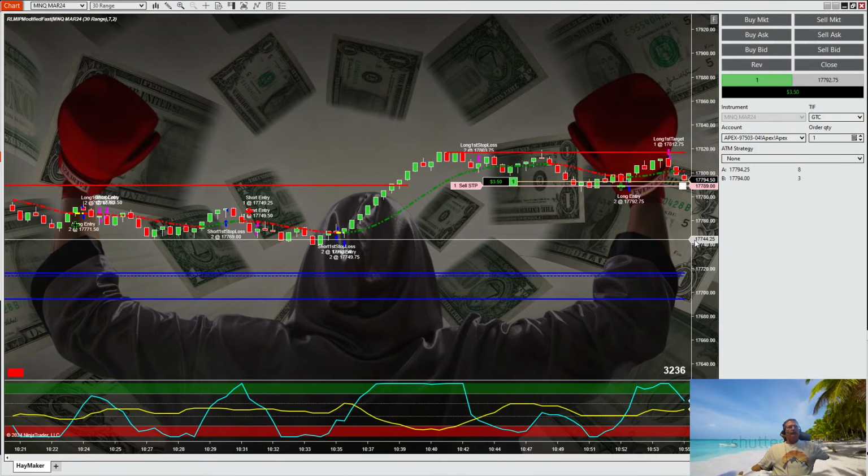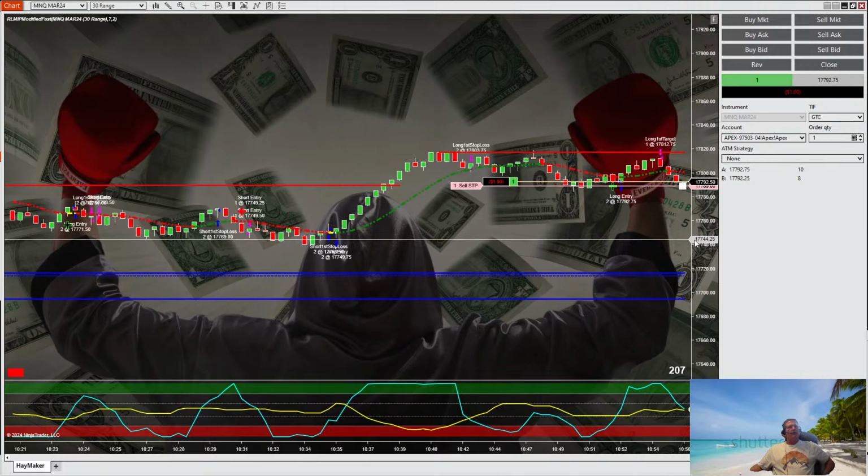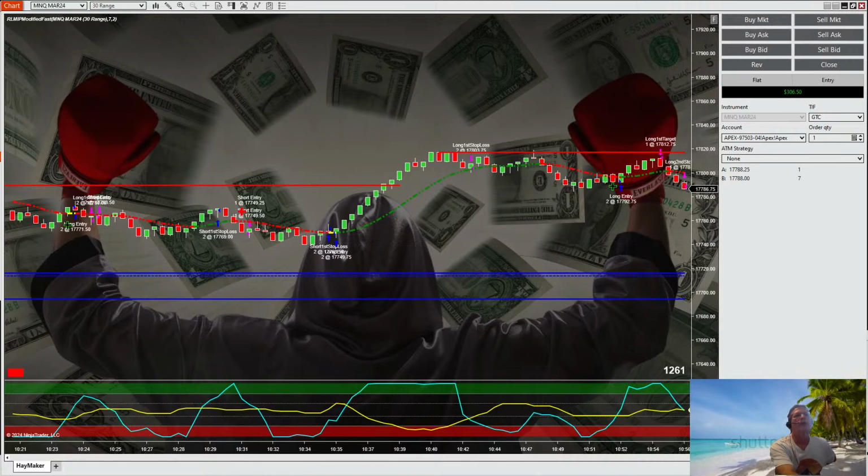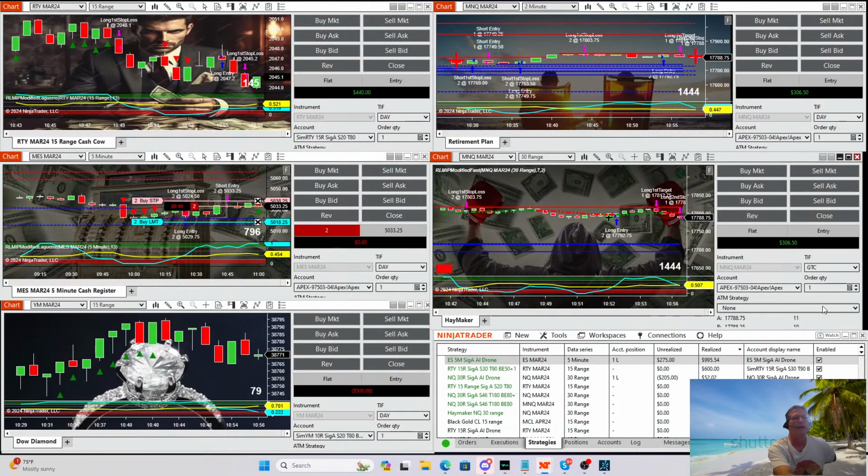I'll have to take a look at my settings. That trade should have closed that position right there. Order filled. We did get a first target of 80 ticks. Order filled. But something wasn't quite right. That should have... let's go back and take a look.